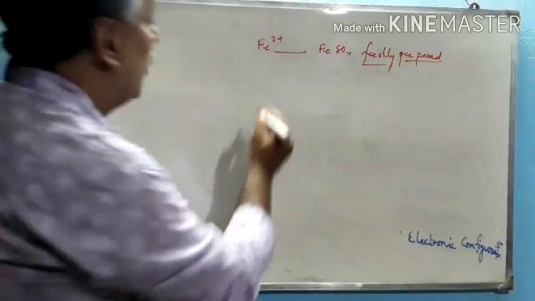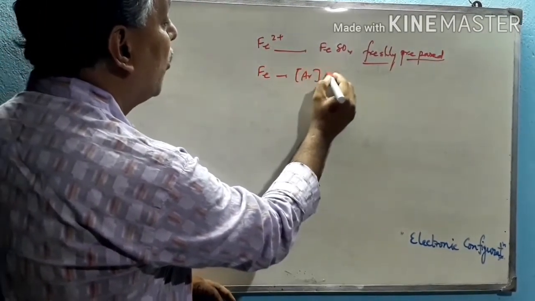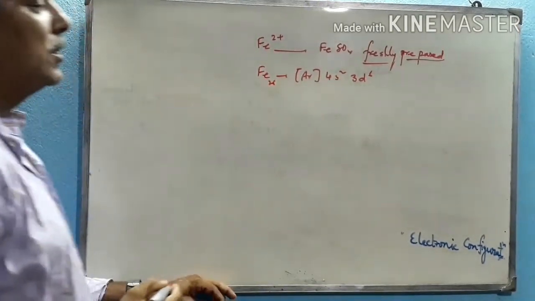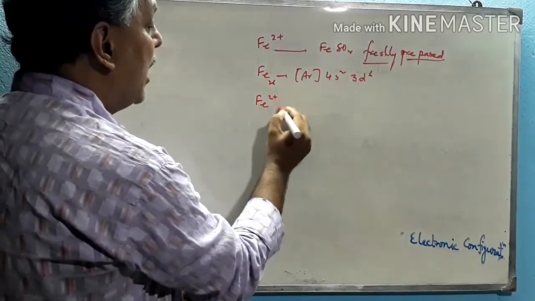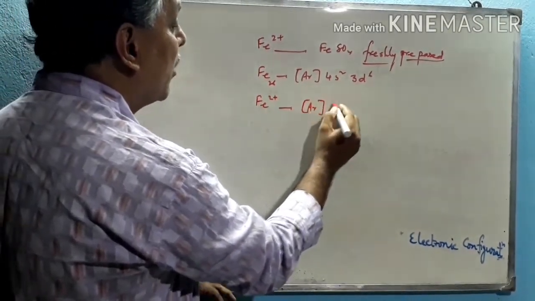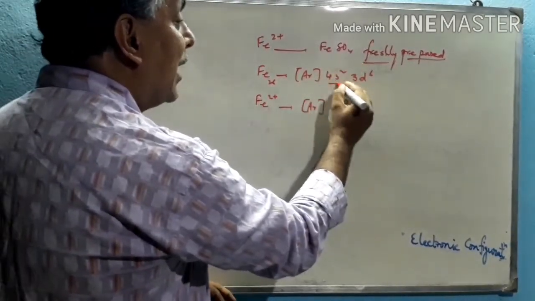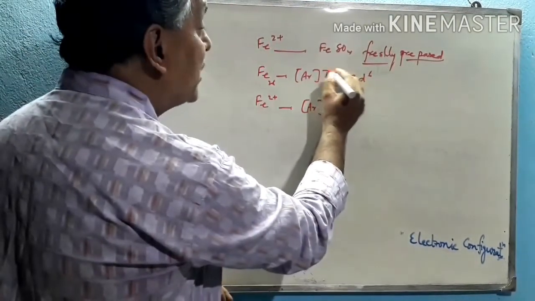We know that the configuration of iron is argon core 4s2 3d6. The atomic number of iron is 26. Now in case of Fe2 plus, argon core 4s0, because the electrons are removed from the valence shell, and that is 4s.